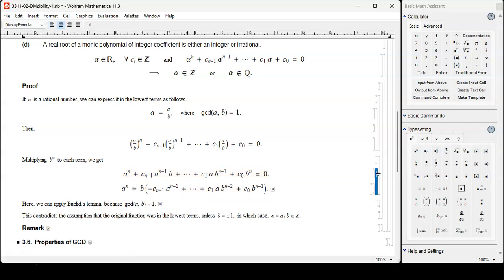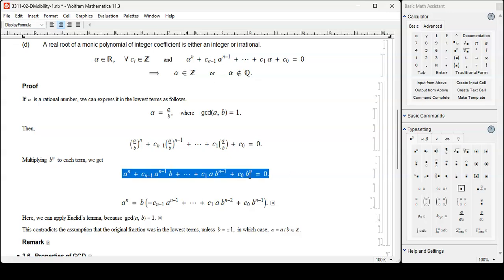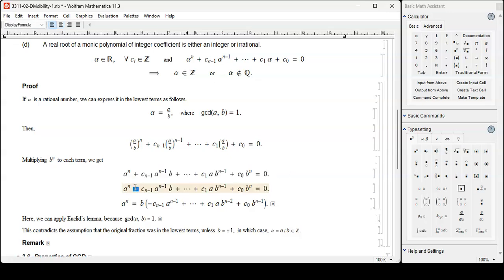Actually, I'm skipping a step. So let's write like this and flip everything to the other side. And then everything here becomes subtraction. Okay, there you go. If I flip everything to the other side, this is what you're going to get. And I factor b out. That's what you're going to get.